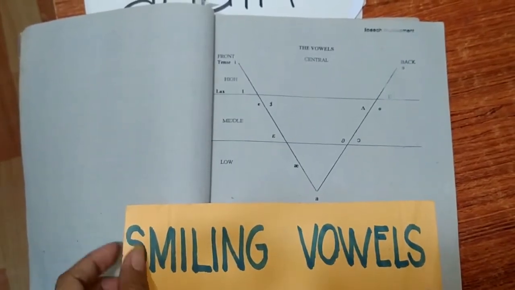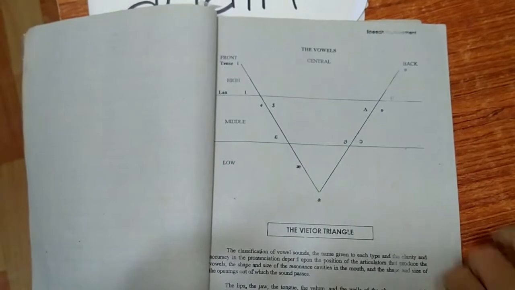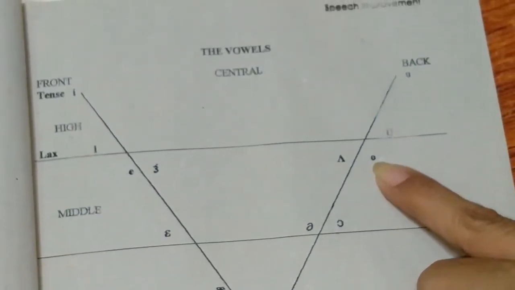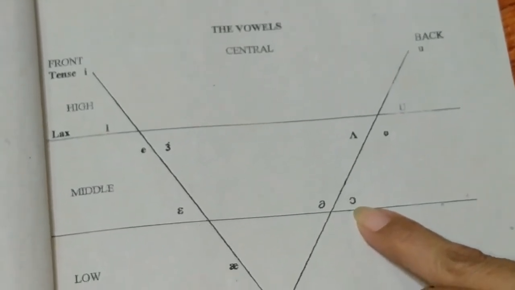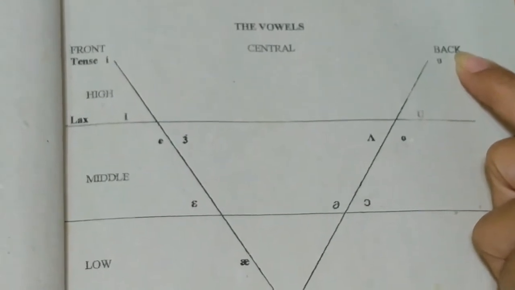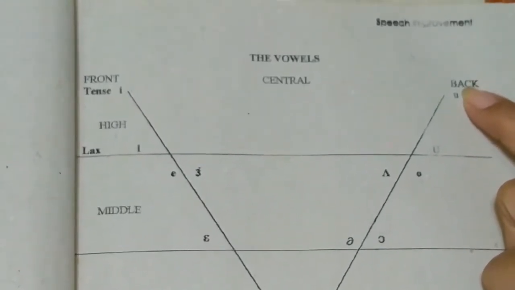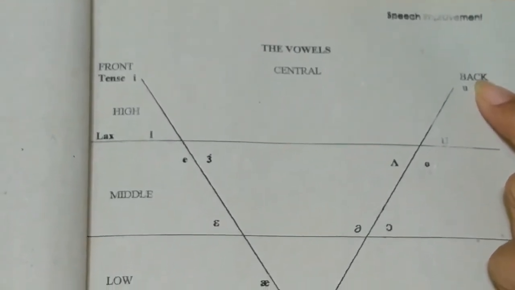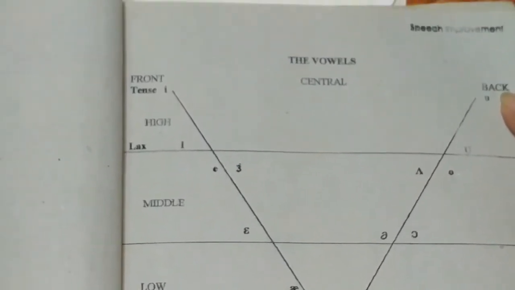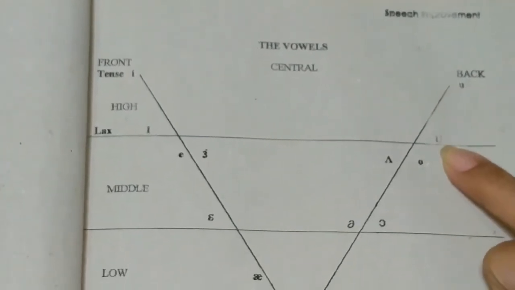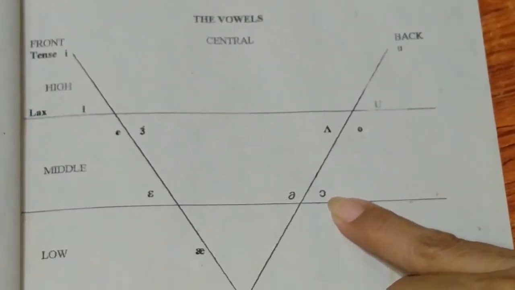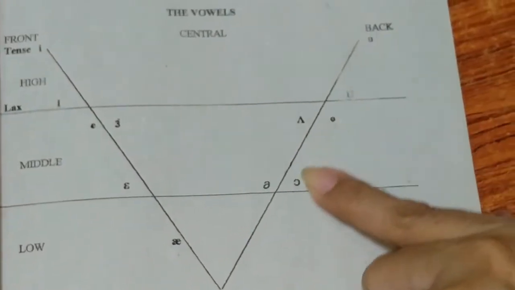Now, let's go to the back vowels. Again, this is an U, this is U, O, and this is an O. The 4 of these are the back vowels. When I say back vowels, what is the position of my tongue? It is at the back. That's why they are called the back vowels. But at the same time, when you say U, O, or O, what is the position of your lips when you produce these back vowels?